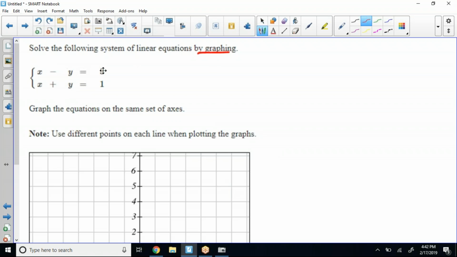You can take each equation and put it back in slope-intercept form, which means I've got to get my x to the other side. So this is a positive x. When I move it over, it would be a negative x. Then I'd have plus 3, right? And then I would divide everything by -1. So that would give me, for the top one, y equals x minus 3, right?